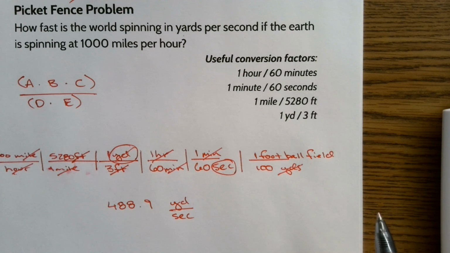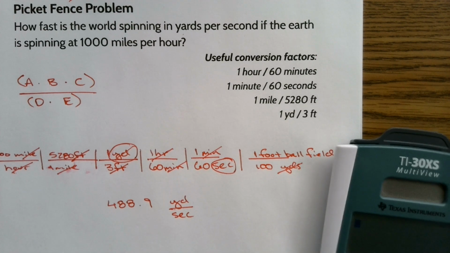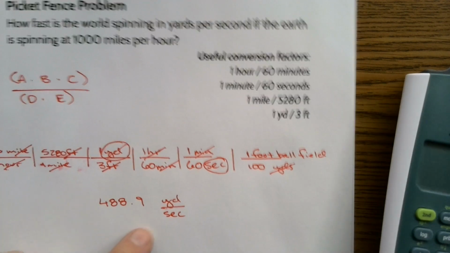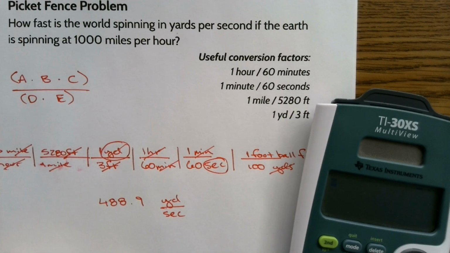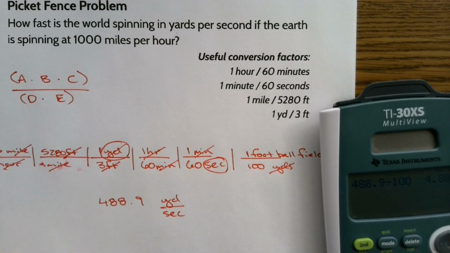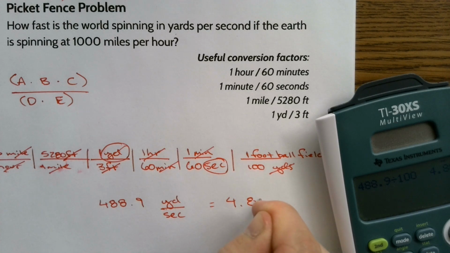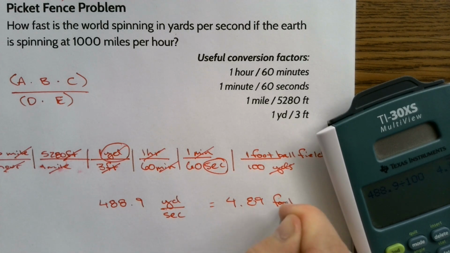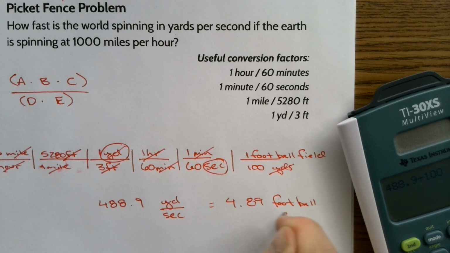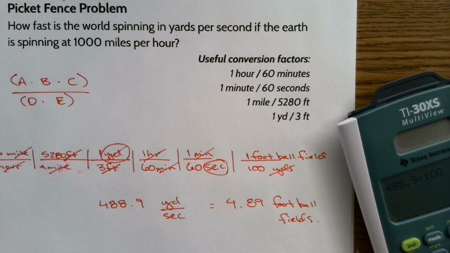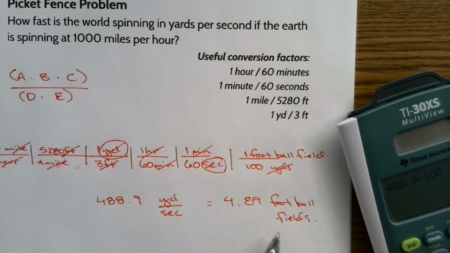All I have to do is divide by 100, and that's about 4.89 football fields. So we solved the problem, but I'm just taking it a step further to show you that the Earth is spinning about 5 football fields every second.